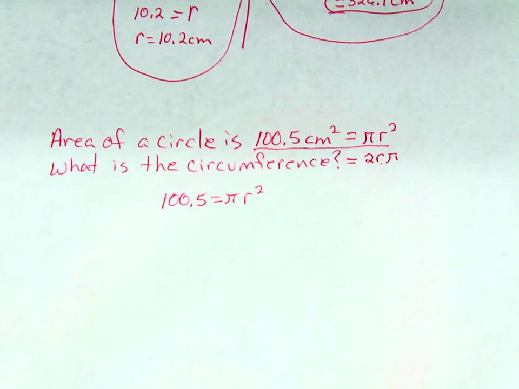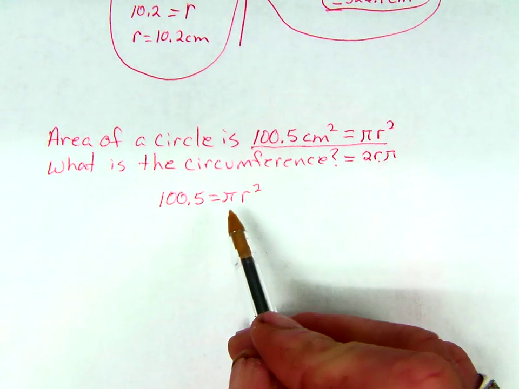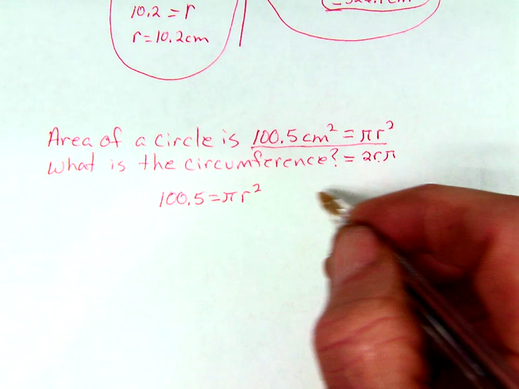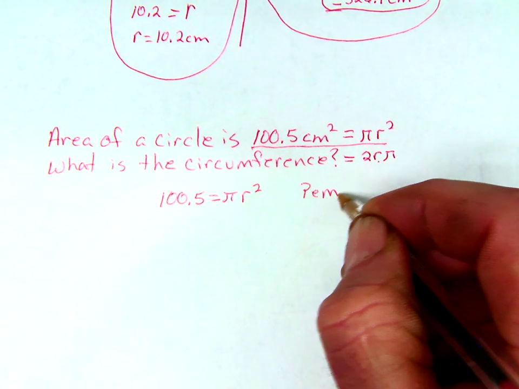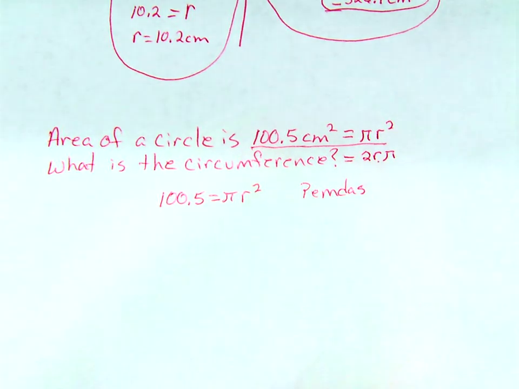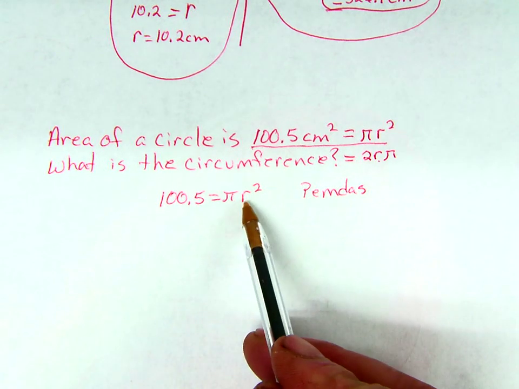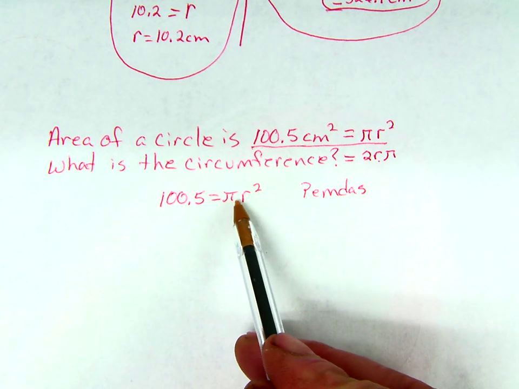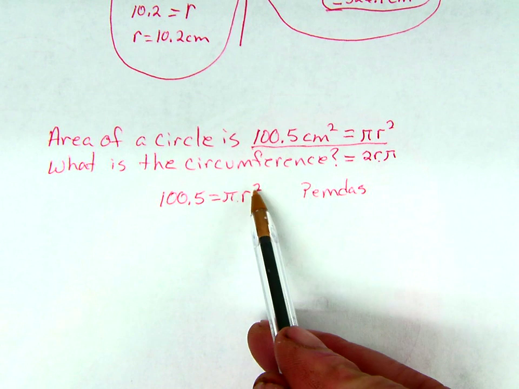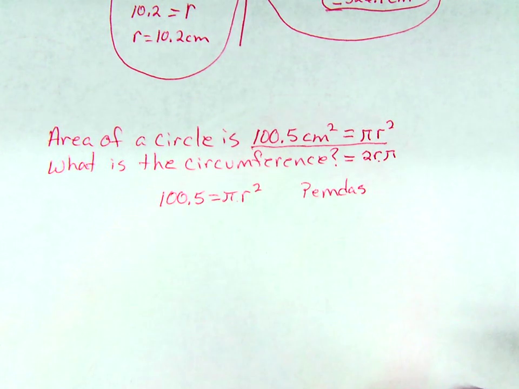Here we go. When solving an equation, we actually use PEMDAS backwards, unless parentheses force our hand. I need to get this r by itself. I have something being multiplied to it, I have it being raised to a power.